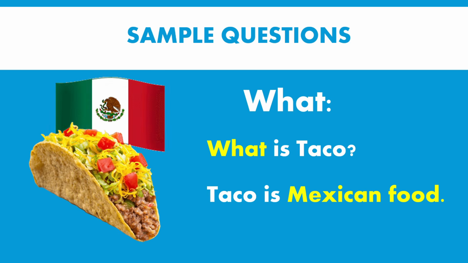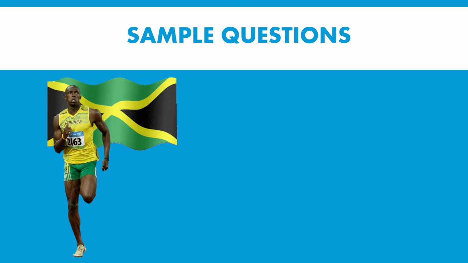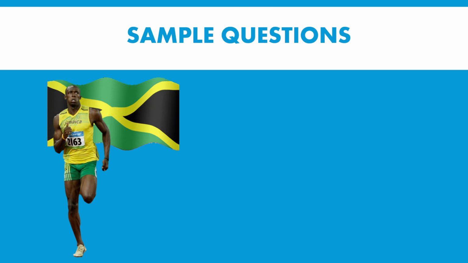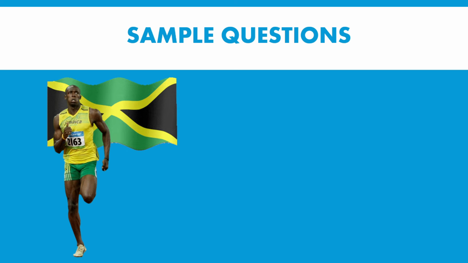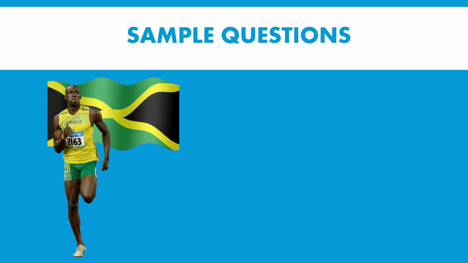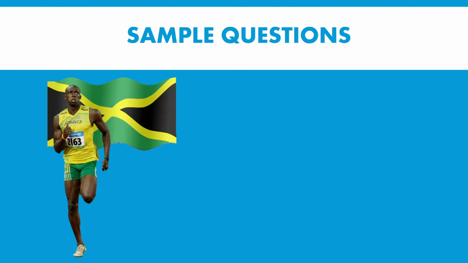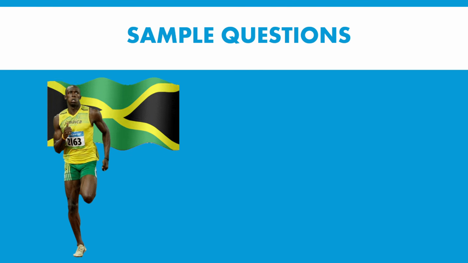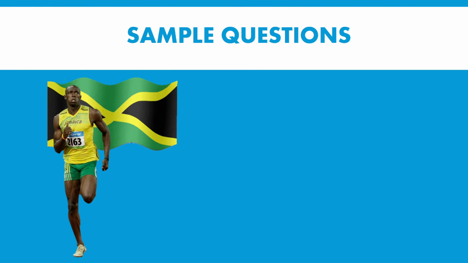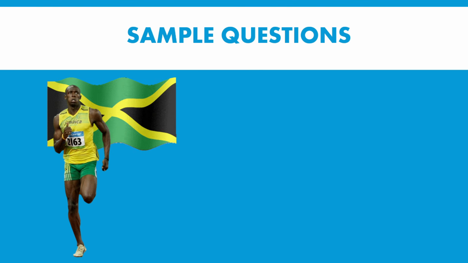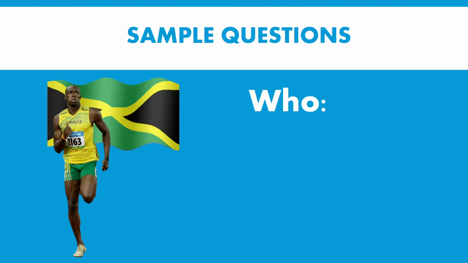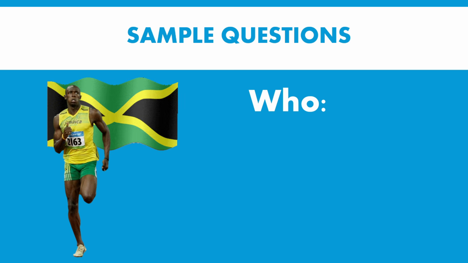Taco is Mexican food. Next, I'm not sure if you know him, but he is quite popular in sprinting. He is Usain Bolt, and he is the world's fastest sprinter. For your information, Usain is from Jamaica, so he is a Jamaican. And we are going to construct questions using who.